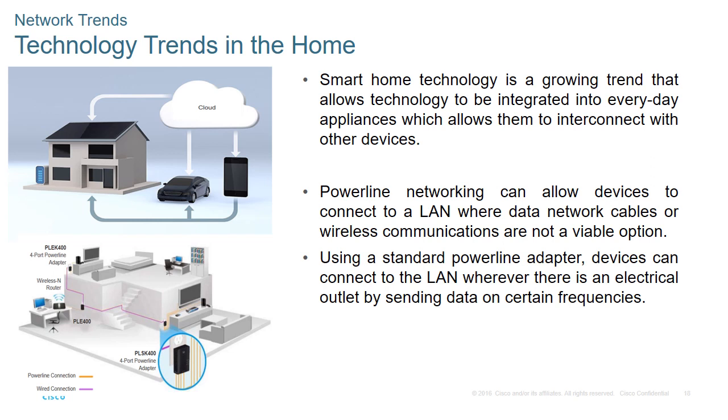Say for example, if you have a cloud or the smart home technology, using the smart home technology, you can control all the electrical appliances in your home. So you need not go and press the switch to switch off the light.